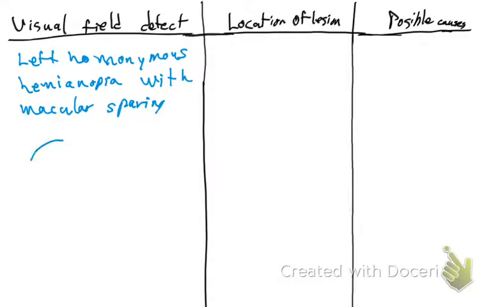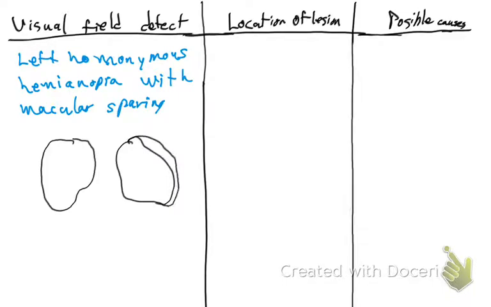So imagine that this is your visual field. Okay, so how are we going to see this? If it's left homonymous hemianopia with the macular sparing, that means it's going to look like straight here, macular sparing, straight, and then the other side the same.